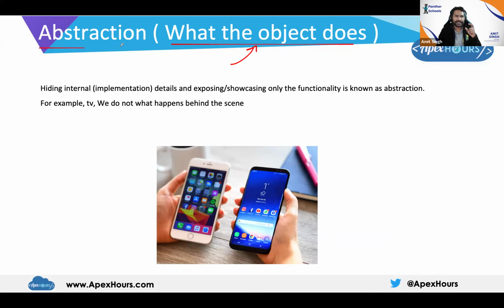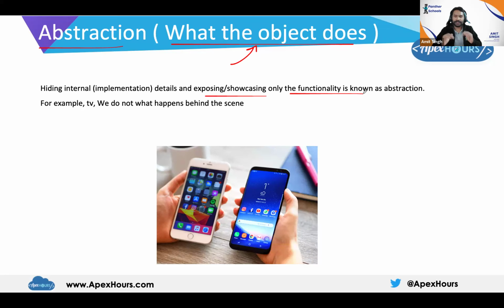That is what abstraction is. So, abstraction means hiding every single thing and just letting the user or the object know what you can do. Basically, it's all about exposing or showcasing only the functionality and hiding the implementation. That is known as abstraction.